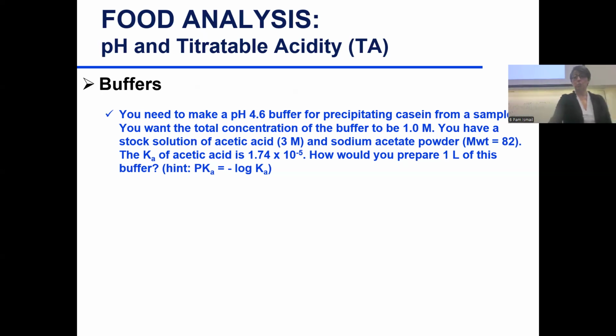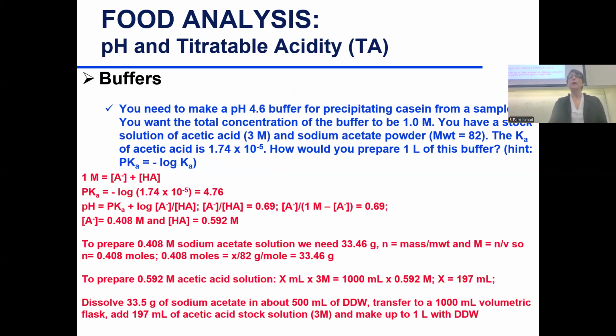Okay. Now, this is one way of solving it. Another way of solving it, I'll put that on canvas. Another way of solving it is the way that I really like, because for me it's easier for my brain. I prepare 1 molar solution of acetic acid and 1 molar solution of sodium acetate.